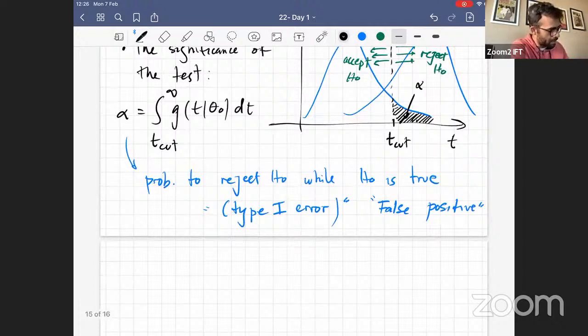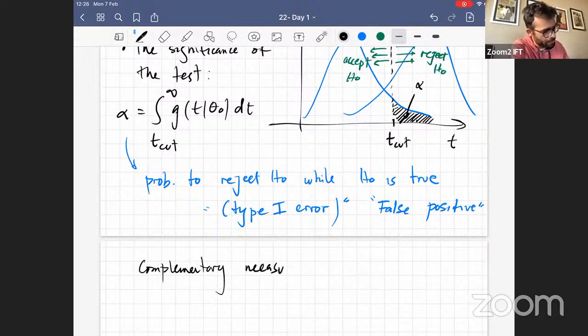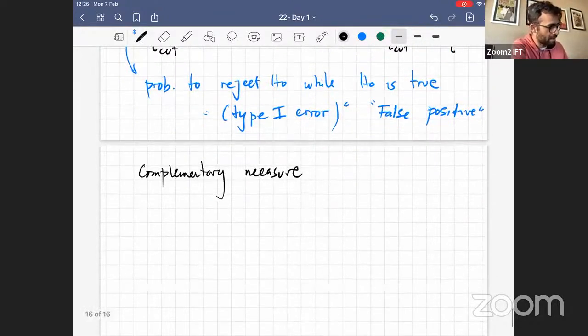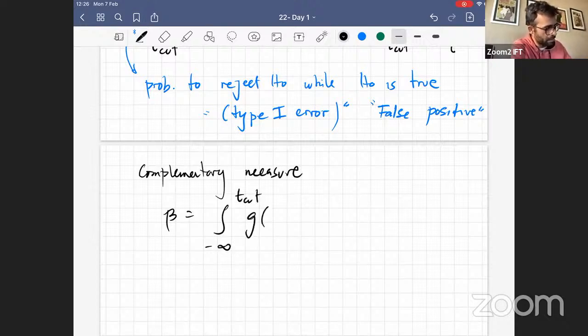And there is a complementary quantity or measure, which is typically parameterized with beta. This is the integral from minus infinity to t cut of the PDF given by the alternative hypothesis.